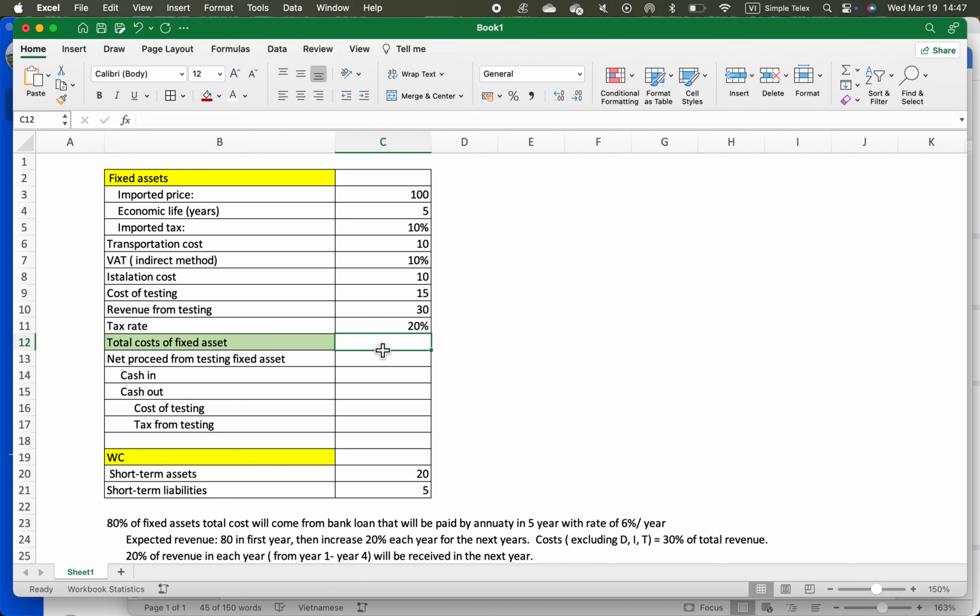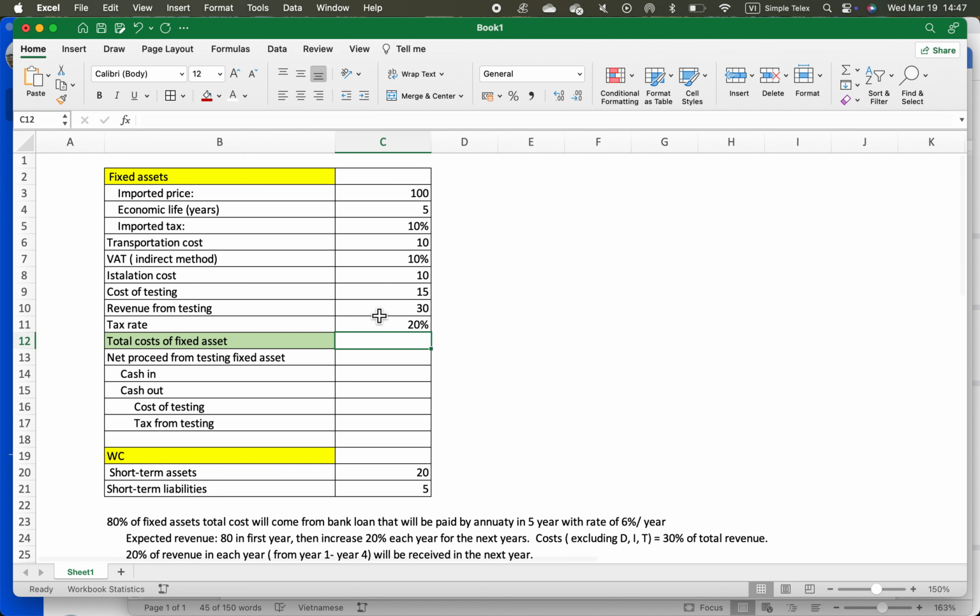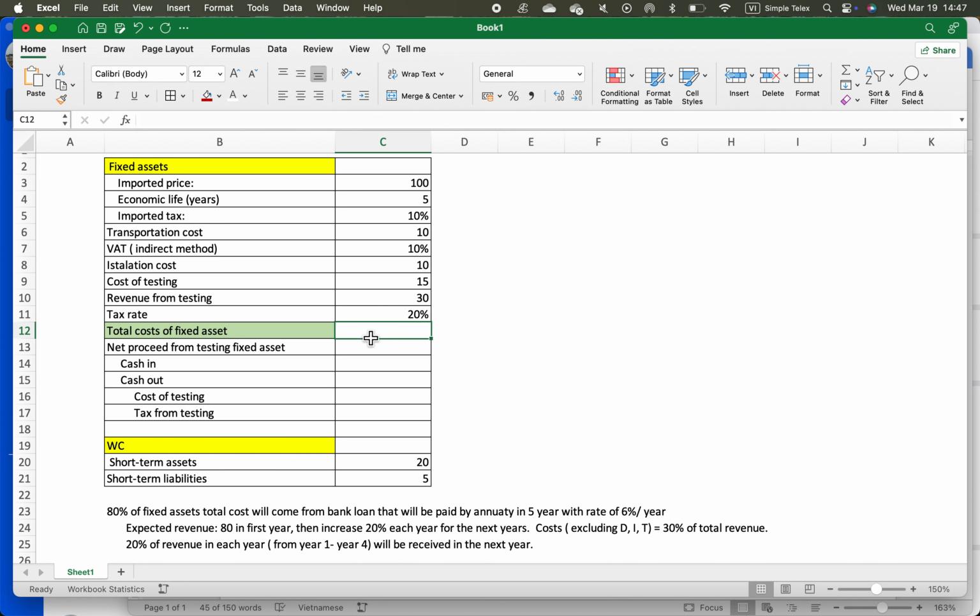So to estimate those costs, we should use the information provided in here. Then we calculate it.